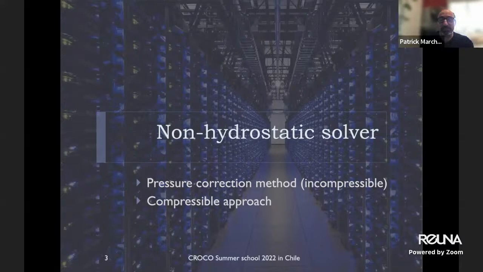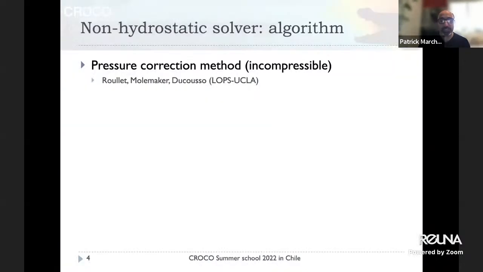And this is something done generally in atmospheric models, because the atmosphere is much more compressible. But we will see that it is very useful to use it in the ocean as well. But we are the first one to do it. That is, CROCO is the only model that is using this approach. And that's the one we are favoring right now. Okay.